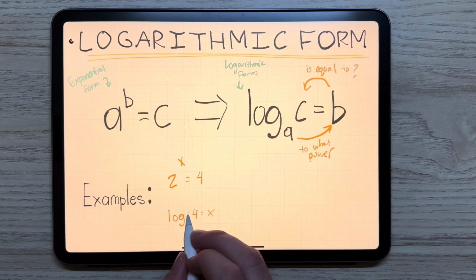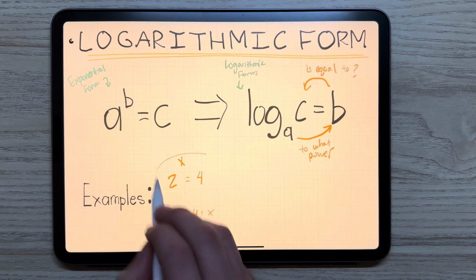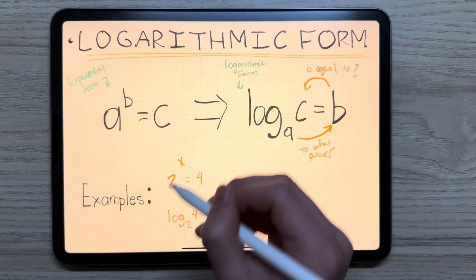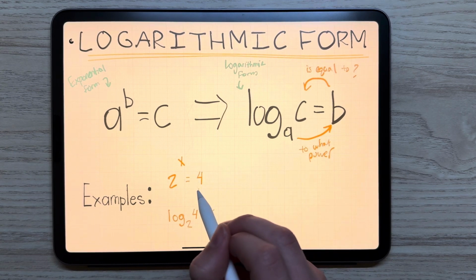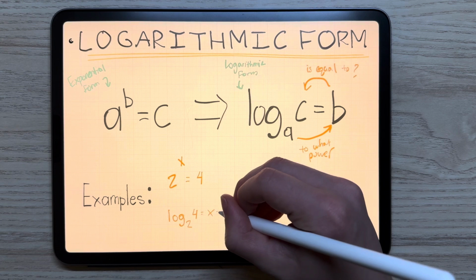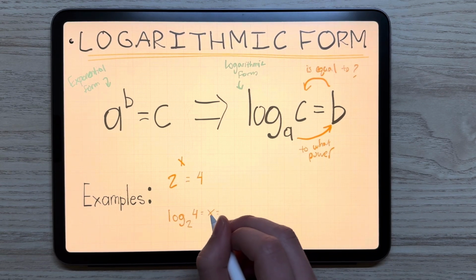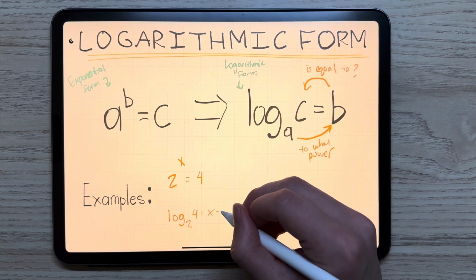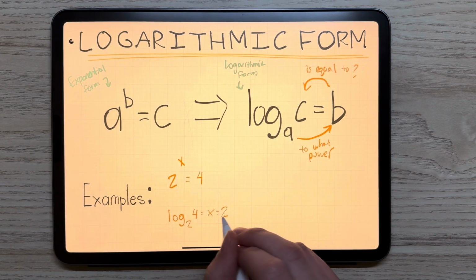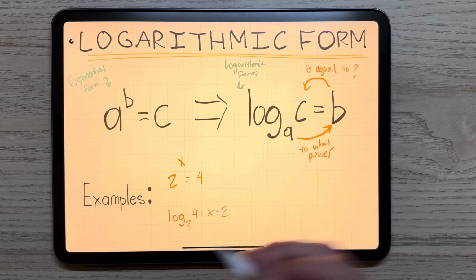This says the same thing: 2 to the power of x, or some unknown power, is equal to 4. And it just so happens that the power is going to be 2, because 2 squared is 4. 2 times 2 is 4.